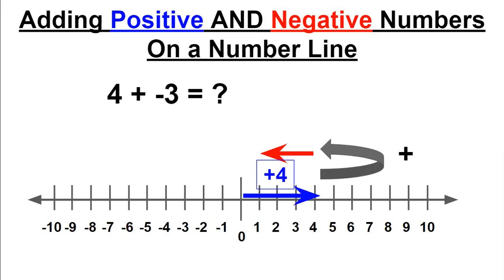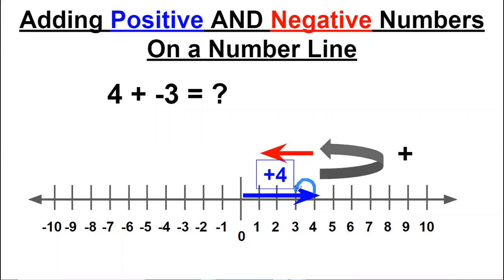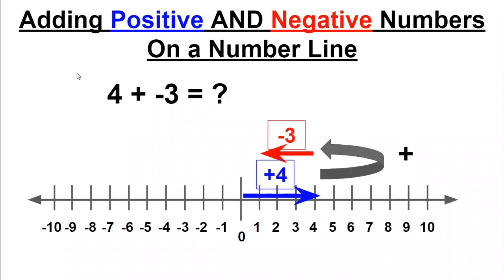So now we have to go back 3, and if you draw that, we started at 4, we're going to go back 1, 2, 3 spots backwards, and we're going to land on 1. So 4 plus negative 3 equals 1.